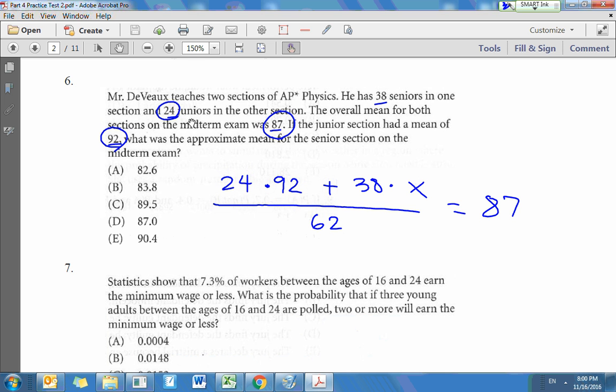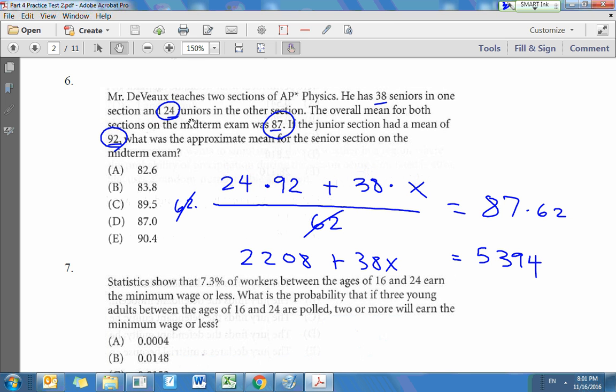So from there, I just do some algebra. I multiply both sides by 62. And so I have 87 times 62, which is 5,394. 24 times 92, the juniors' total, the sum of their scores, is 2,208, plus 38x.